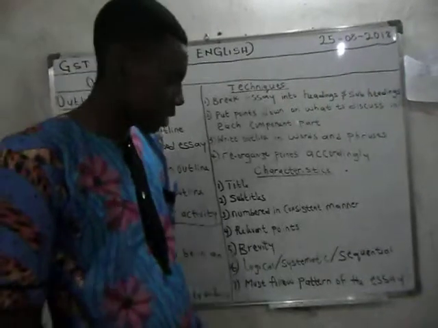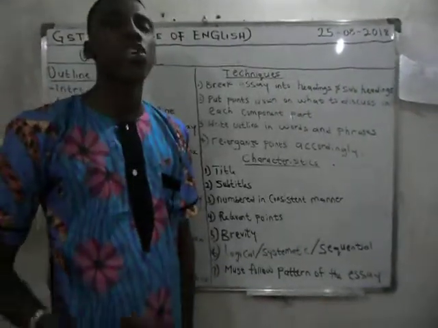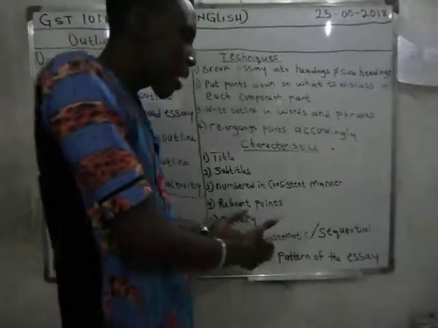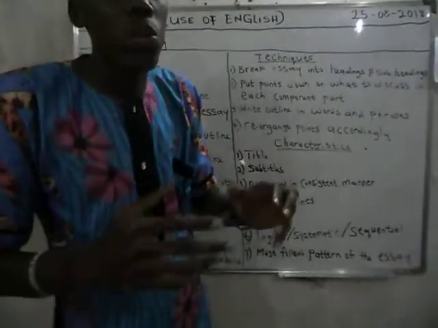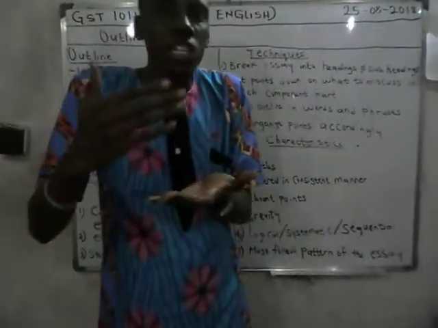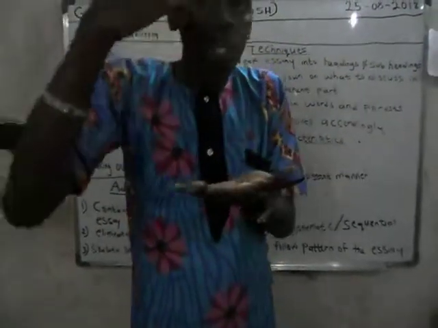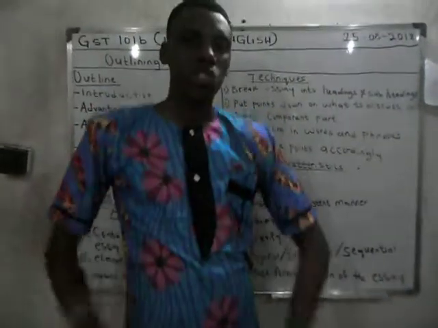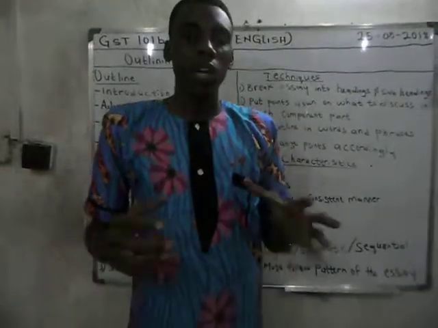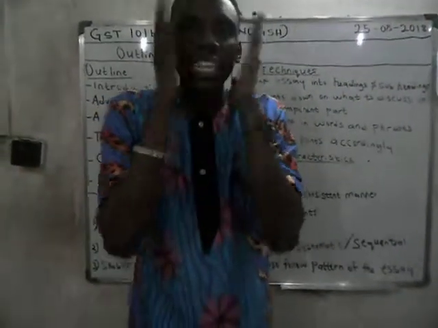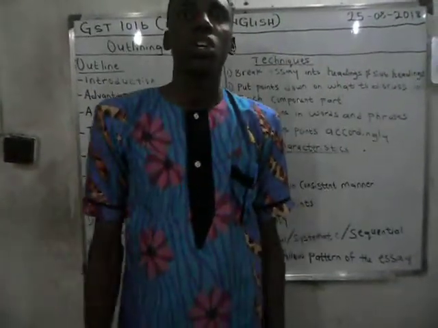The sixth point is that an outline must be logical, systematic, and sequential. When they say something is logical, in logic, there are things that follow each other, things that succeed each other. Let's assume the outline you have to write talks about the features of the head.